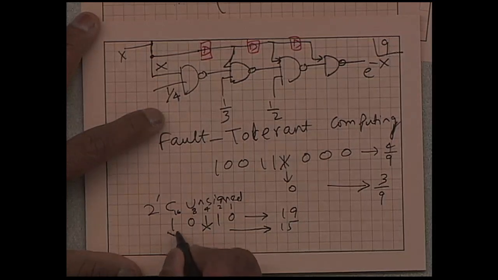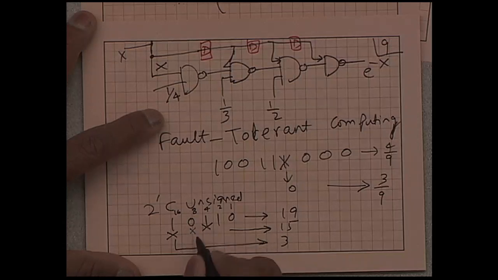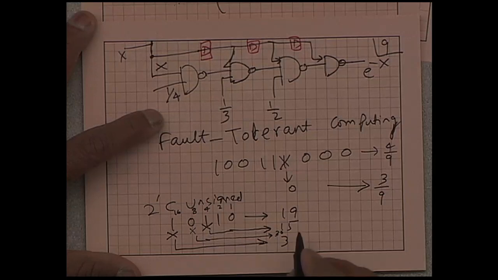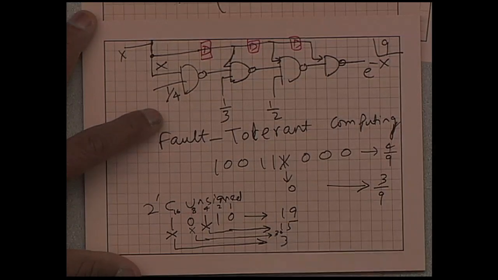Now what happens if this bit fails? The MSB, that's going to be 3. And what about this bit failing? That's going to be 1, so that's going to be 16 plus 8, 24 plus 6, that is going to be 30. So if I assume any one of these bits failing, the number changes a lot. 19 could become 3 or 30.